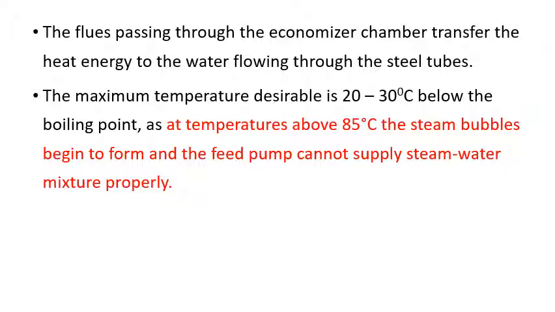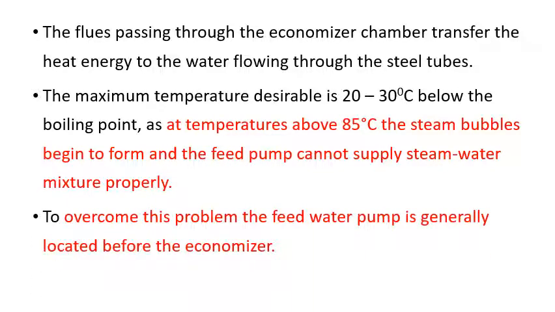Bubble formation in the pump is not advisable. To overcome this problem, the feed water pump is generally located before the economizer. Otherwise, pumping will be difficult. That's why after pumping, the water goes to the economizer.